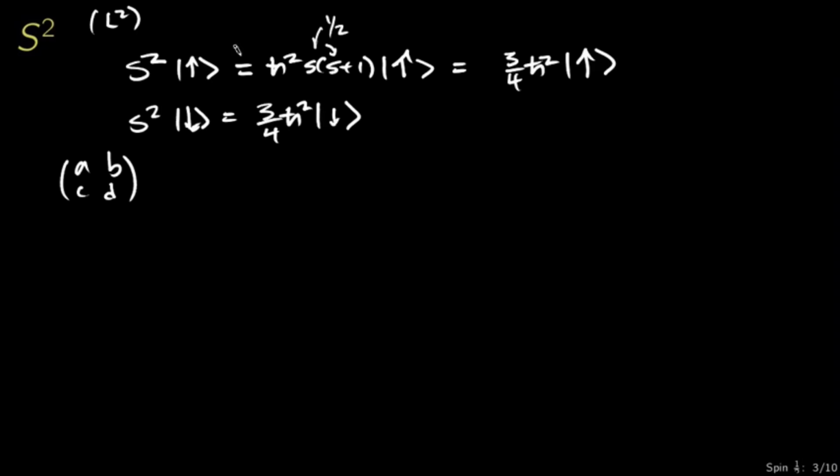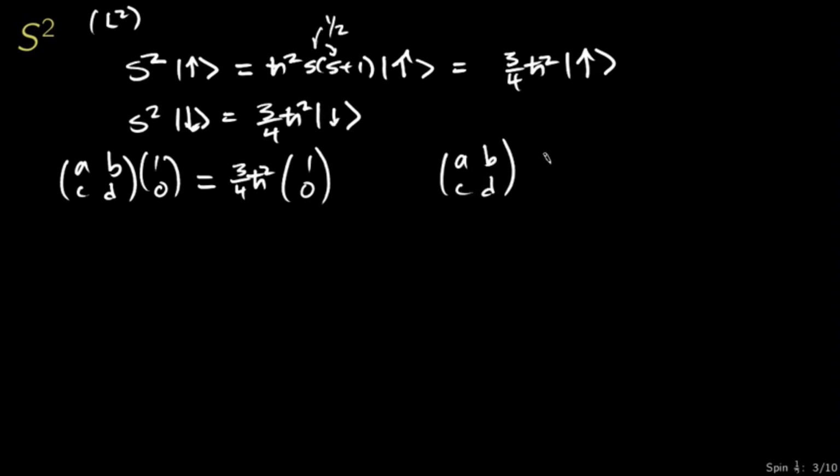Spin up, we know what that looks like, that's (1, 0), and that's going to give us 3/4 ħ² times our spin up, (1, 0). Likewise, we have the action of S squared on spin down. Our unknown a, b, c, d matrix acting on (0, 1) gives us the same thing, 3/4 ħ² (0, 1).